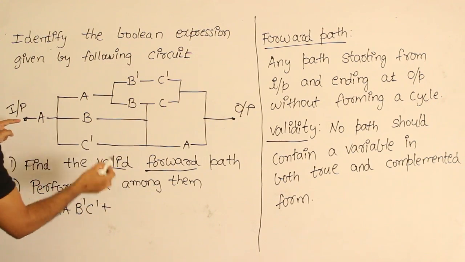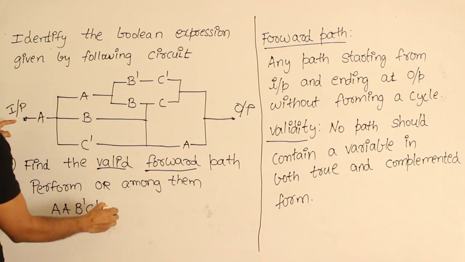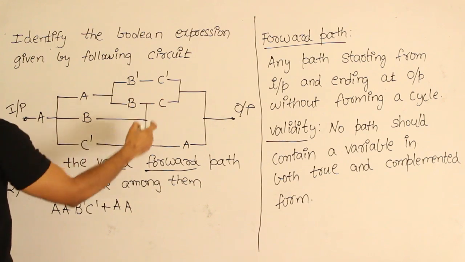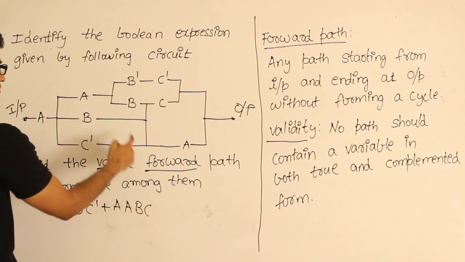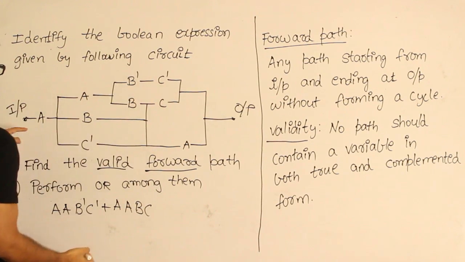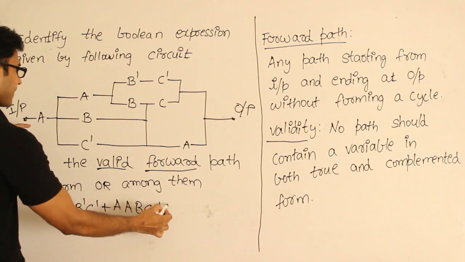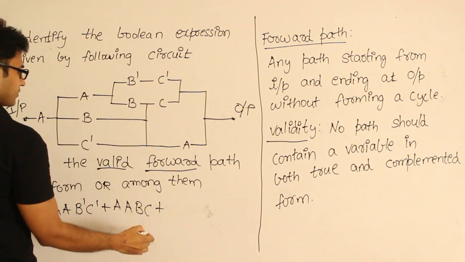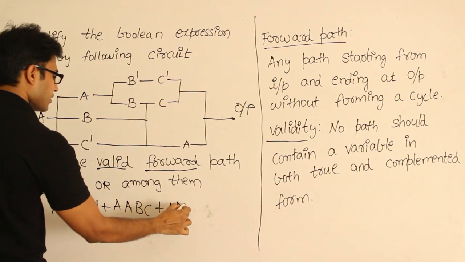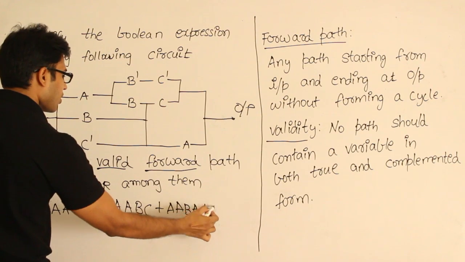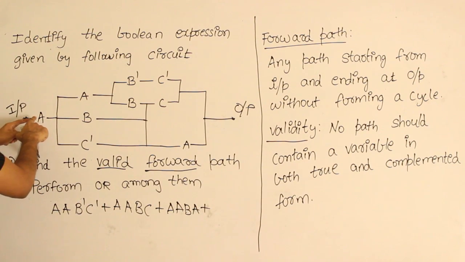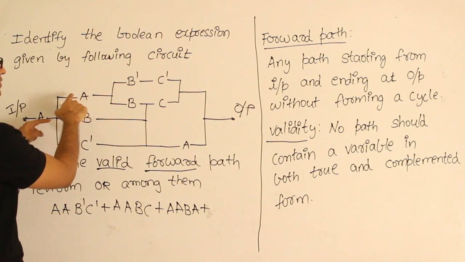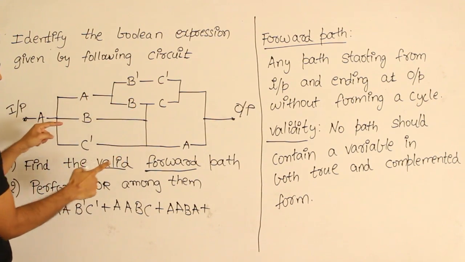Let's see other paths also. A, B, C, which means I would have taken this path and gone there. And what is the other path? I would have taken A, B, A. I think I have explored everything starting with this B. If anything is remaining, you please do it.